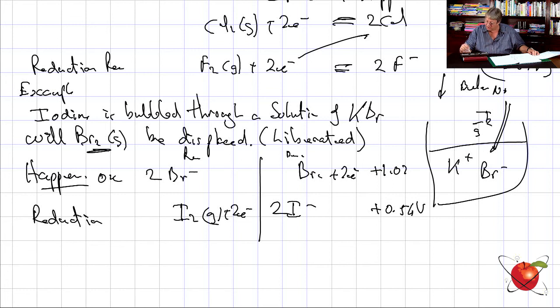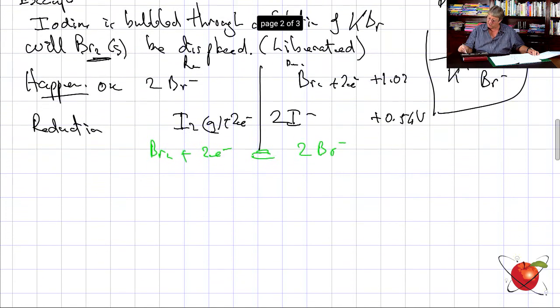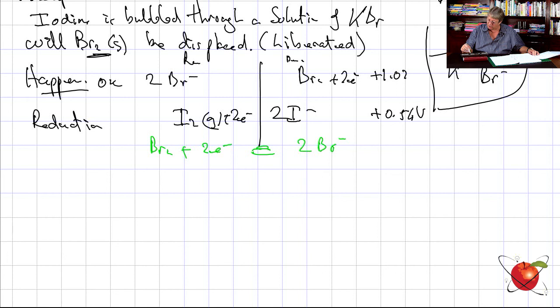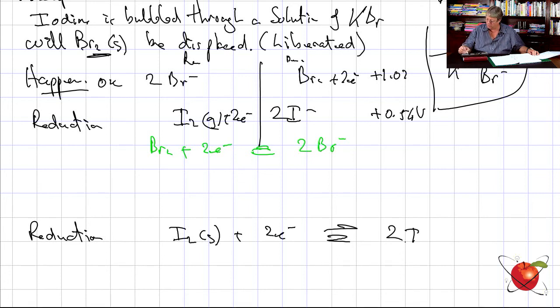I turn my oxidation one around and I write it down as Br2 plus 2 electrons going to 2Br minus. Then I write down my reduction reaction. Here's my reduction: I2 gas plus 2 electrons going to, in equilibrium, 2I minus.